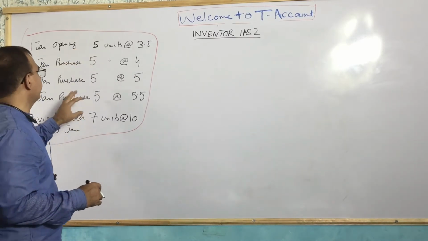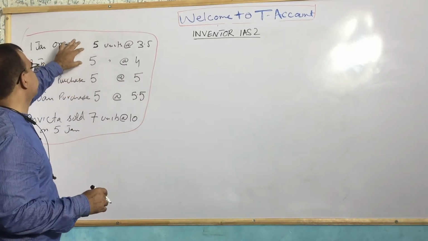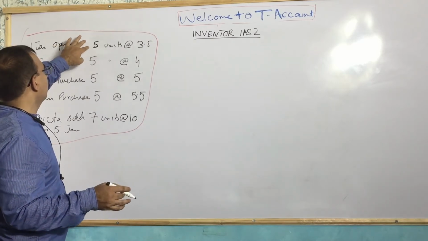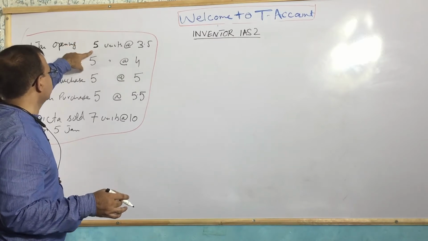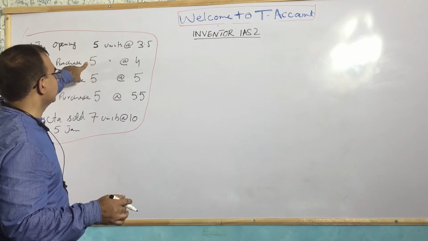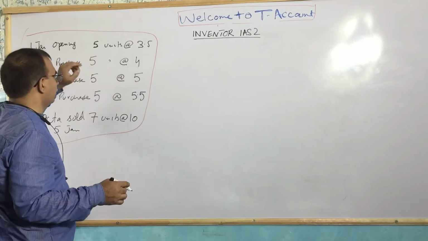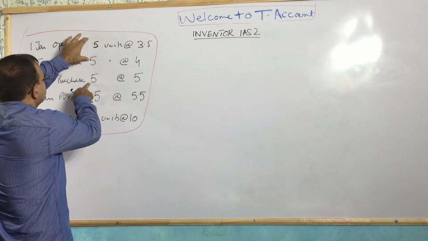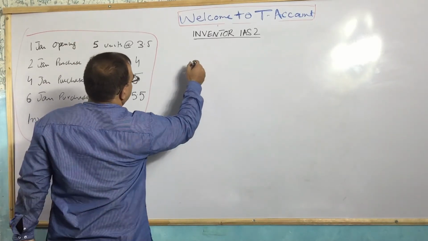Invicta sold 7 units on 5th January. So 7 units, applying that logic, we must have sold 5 from this opening stock and 2 from the first purchase, which was at $4. So whatever we have now, 10 plus 3, 13 units in stock. So how can we value this?